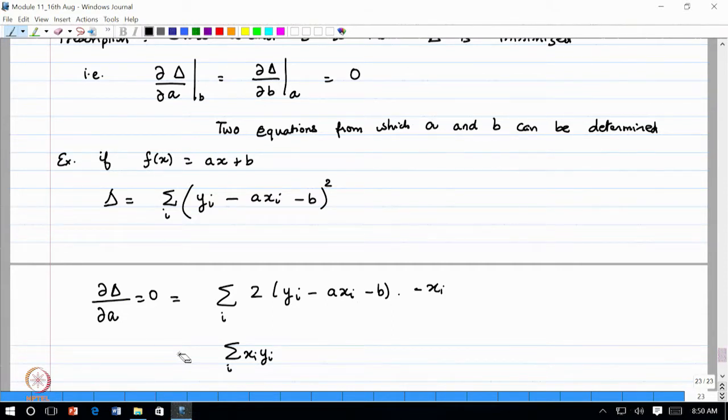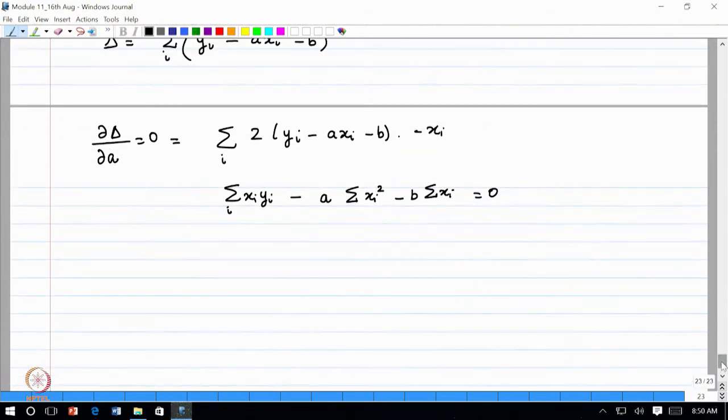So, sum over x I y I, and then I will write this explicitly: minus A sum over x I square minus b sum over x I equal to 0.